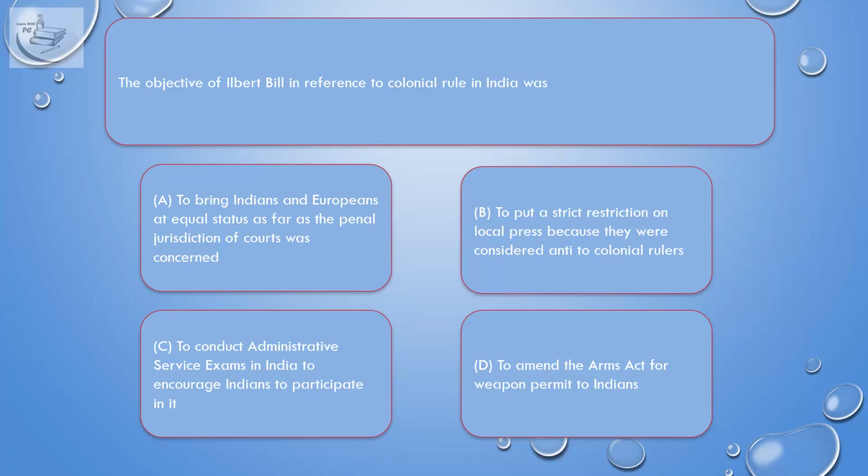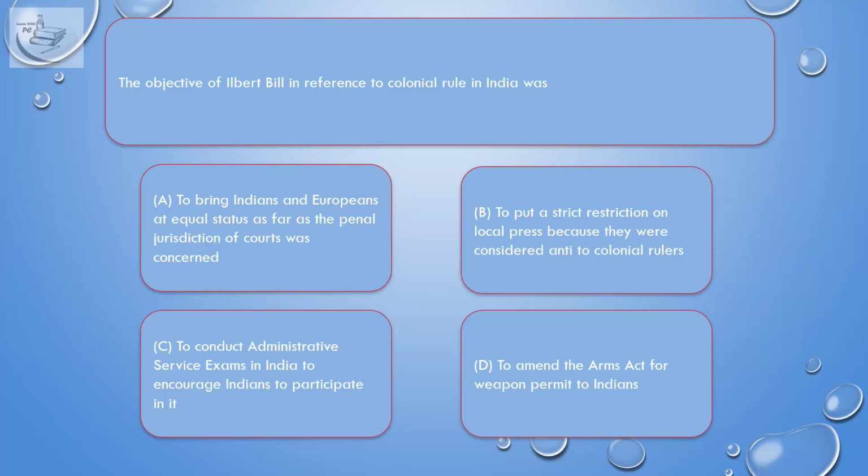Question: the objective of Ilbert Bill in reference to colonial rule in India was A. To bring Indians and Europeans at equal status as far as the penal jurisdiction of courts was concerned. B. To put a strict restriction on local press because they were considered anti to colonial rulers.